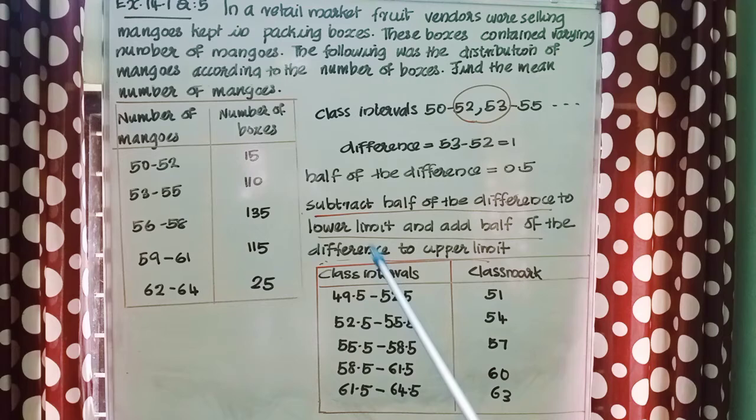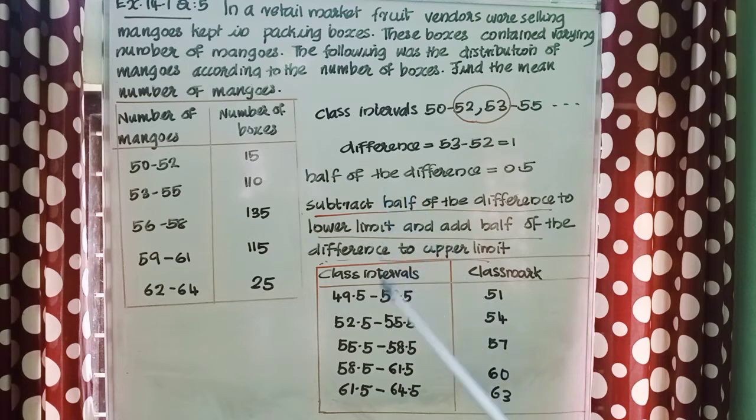That means whether the class intervals are continuous or not, the class mark will be the same. So in the case of finding the mean, even if we don't change the class intervals to continuous, we can find the mean. So the class marks are 51, 54, 57, 60 and 63.